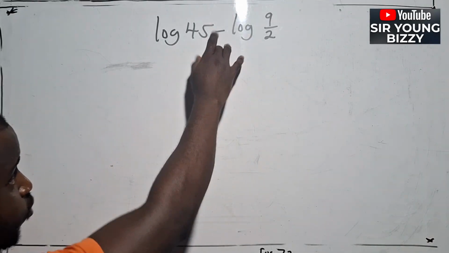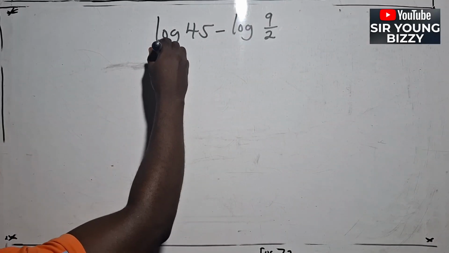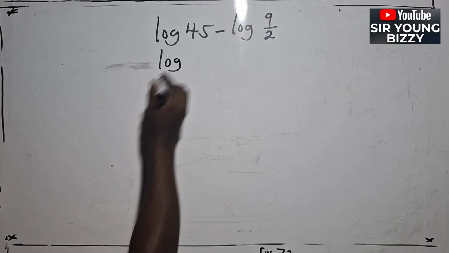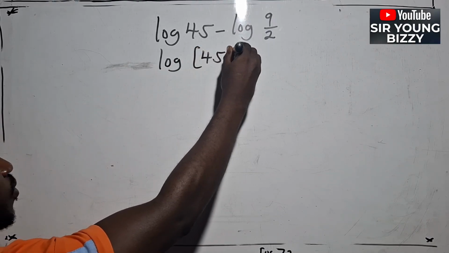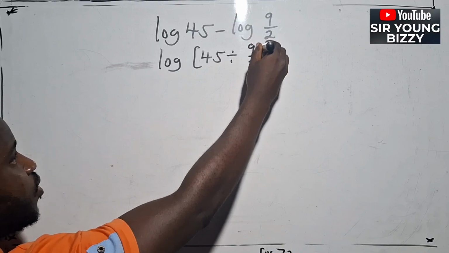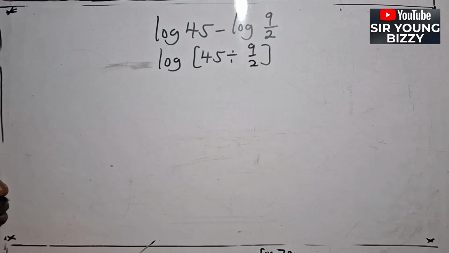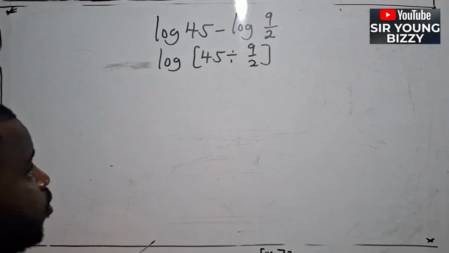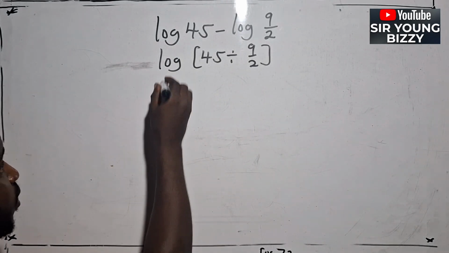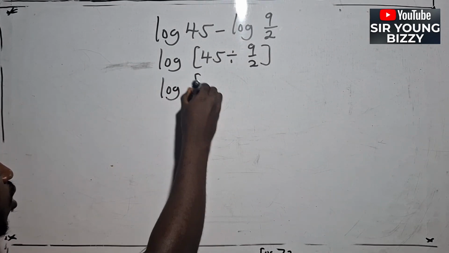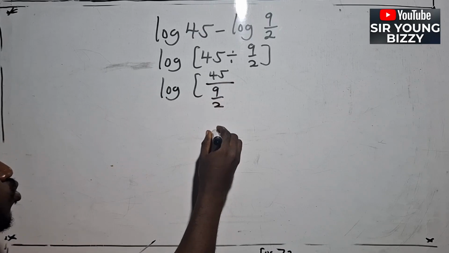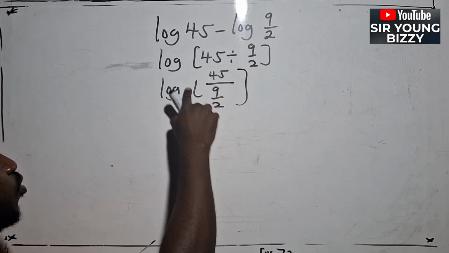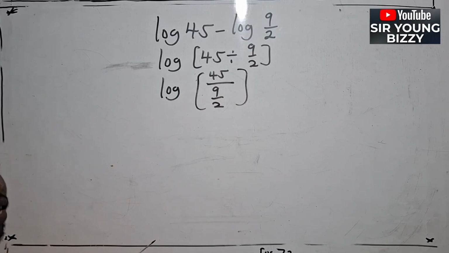It is subtracting, so the division law comes in. So it's the same as log 45 divided by 9 on 2. Yes, divided by 9 on 2. Or this can also be written as log 45 divided by 9 on 2, it is the same thing. So don't get confused here.